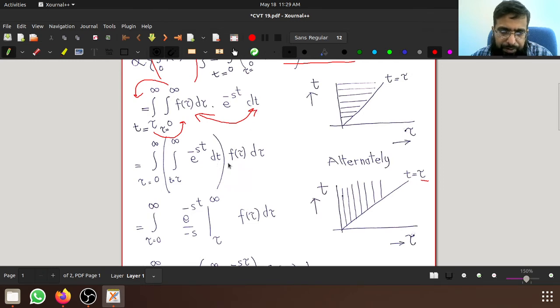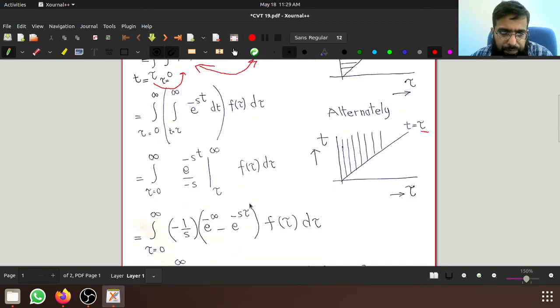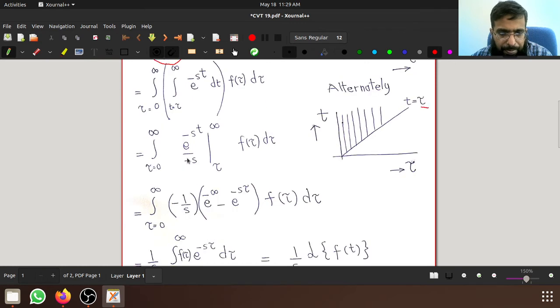Now we have dt written first and then d tau, because we now have the integral for tau written first and then the integral for t, right? And this integral is e to the minus st over minus s, with limits for t, and this is dt, so this whole integral can now be evaluated. We know that the outer integral is evaluated after we have evaluated the inner integral. This is what we know previously, right?